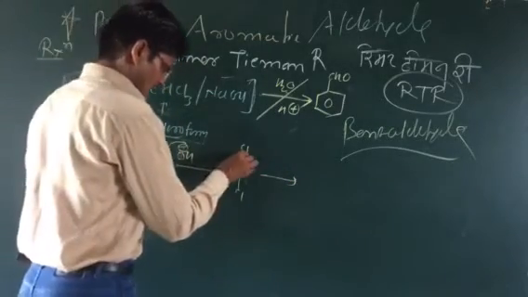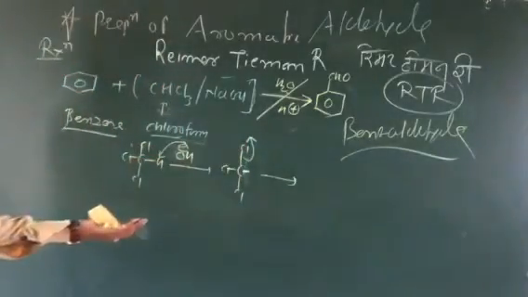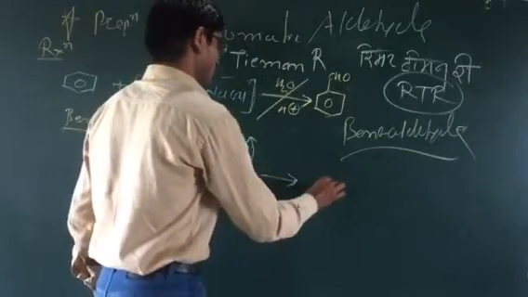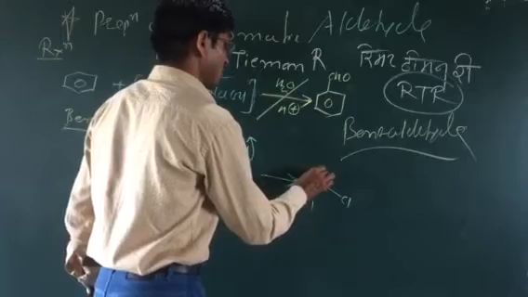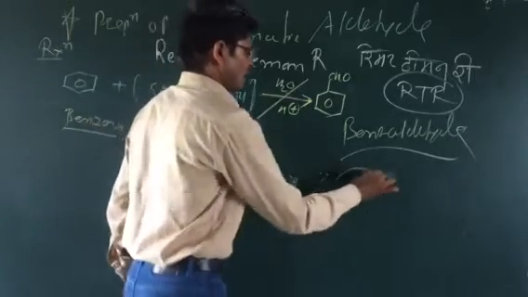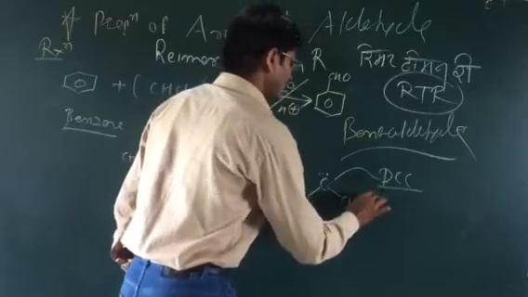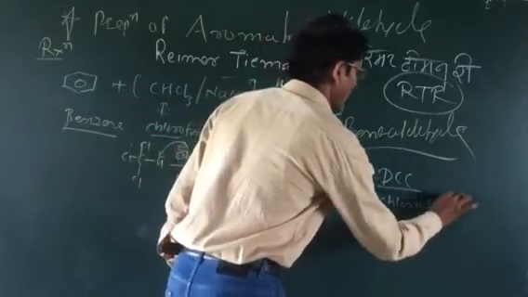The next step is that this chlorine is lost like this. This bond is broken by heterolytic cleavage between the carbon and chlorine atom, and this becomes this type of species. It is nothing but DCC. So what do you mean by DCC? This is nothing but dichlorocarbene.